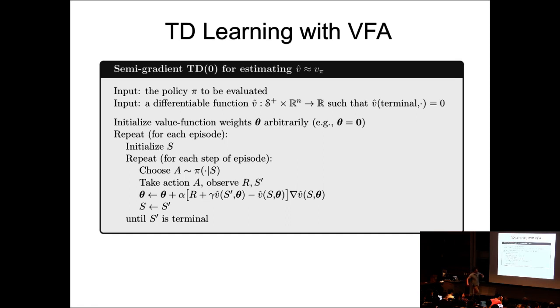And then you're updating your parameters by just looking at the delta times the derivative of your value function with respect to parameters. So if your value function is a neural network or any other differentiable function, you take derivatives with respect to theta here. You update your state and so forth. And then you go until you reach some terminal state, and then you again initialize at some other random state. You go until you reach the terminal state and so forth.